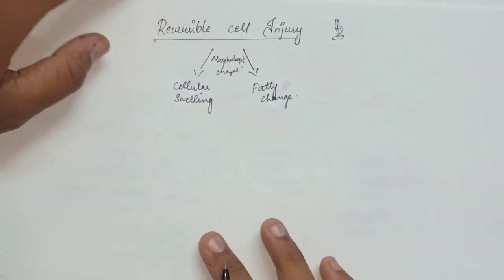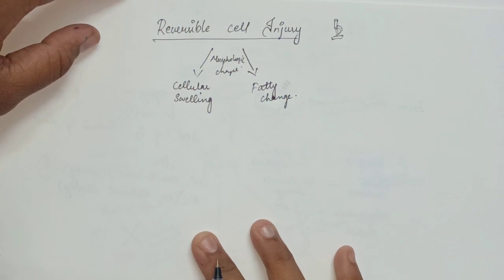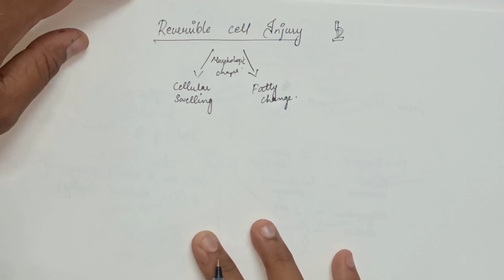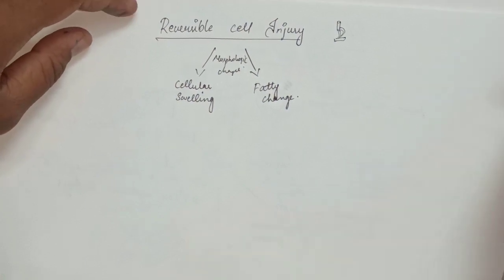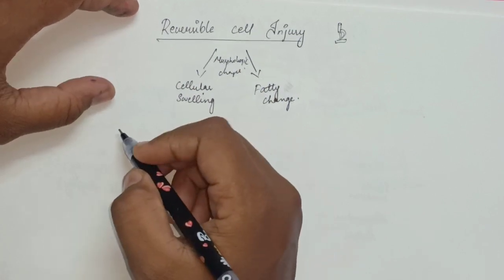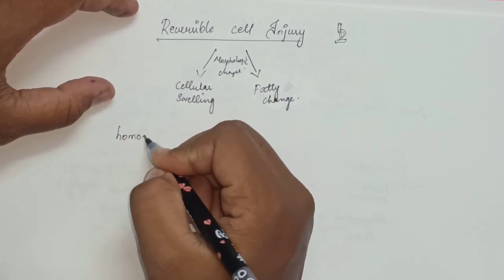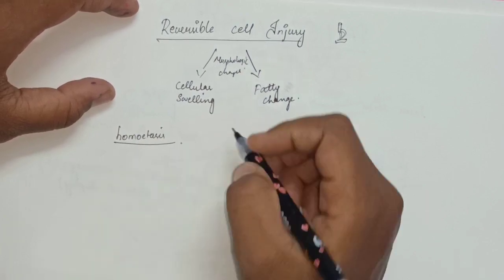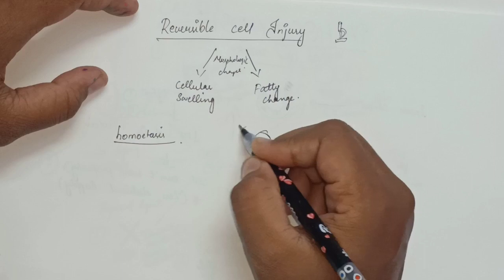In order to know cellular swelling and fatty change in detail, you should know what ICF and ECF are. ICF is intracellular fluid, and ECF is extracellular fluid. First of all, you should know what is meant by homeostasis. Hemostasis is different, homeostasis is different.